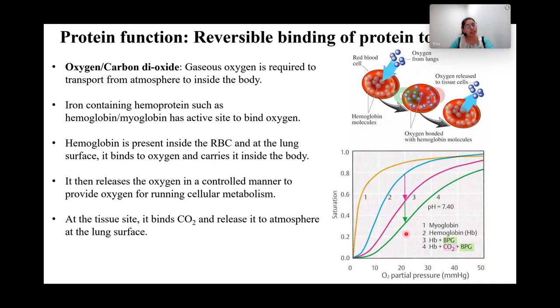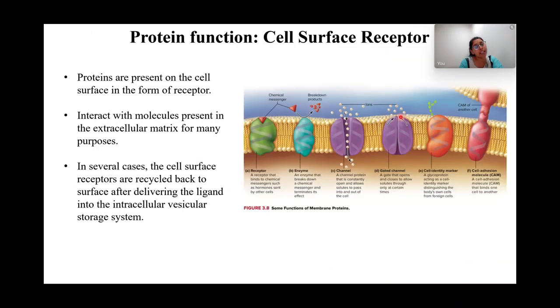But if you have something called a gated channel, the opening of the gate will be dependent on a certain factor. Let's say it would be dependent on the binding of the ion, or on the concentration of the ion. So that will be gated. That will be like how in the general case also, if you have a gate, you decide to open or close it based on some cue. Here also, this receptor or this protein will open only if it receives a cue that it has to open to let the ions inside the cell.